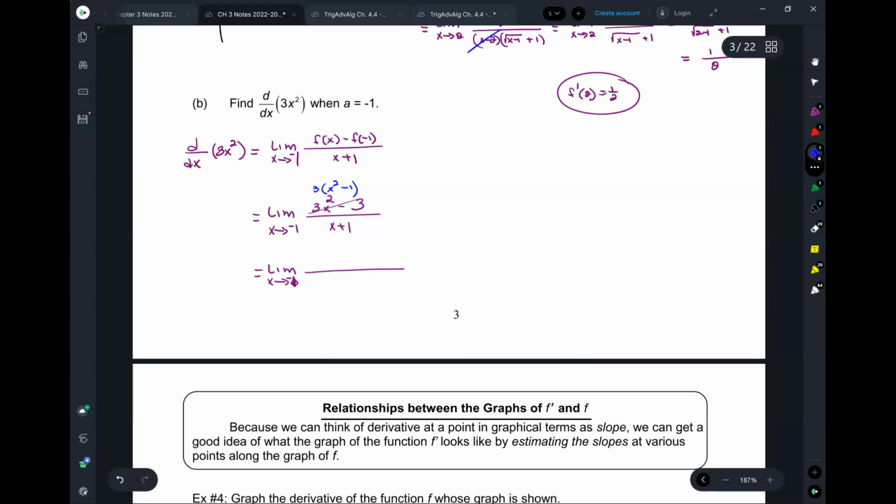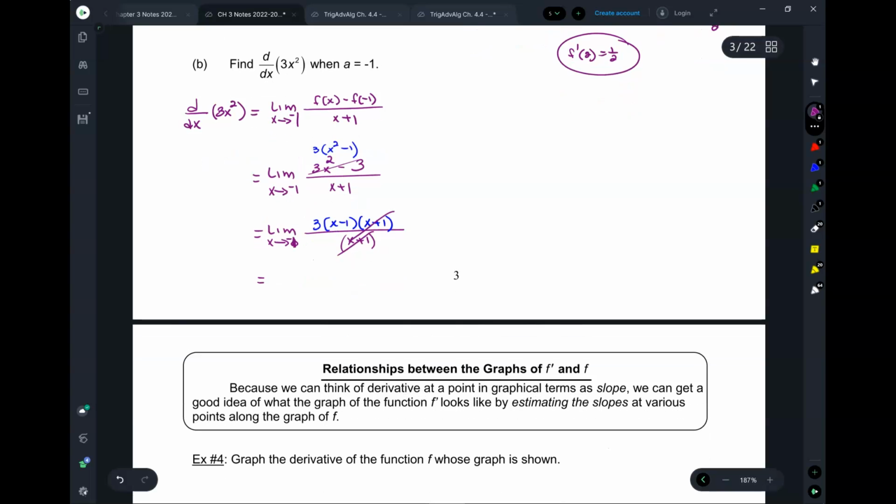When I factor that, I get 3, x minus 1, x plus 1. It's got to cancel. So now this is 3 times negative 1 minus 1, negative 6.